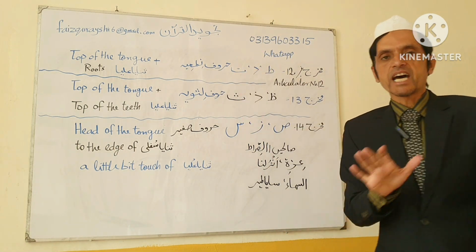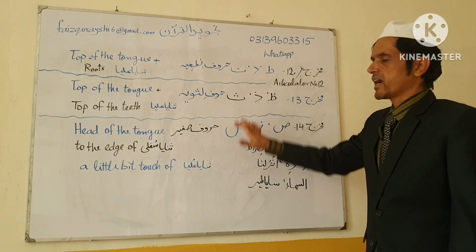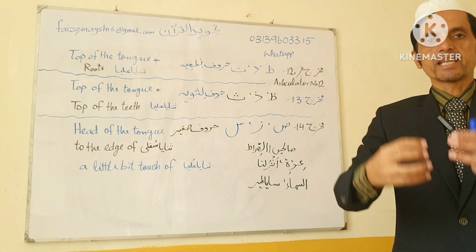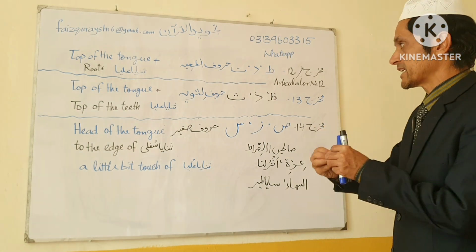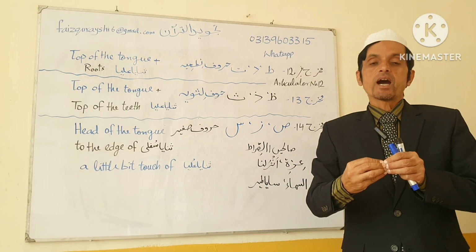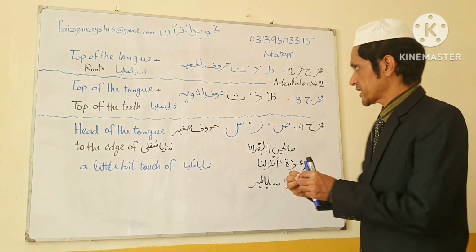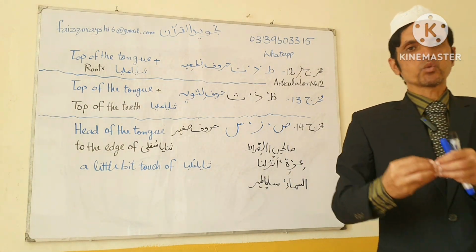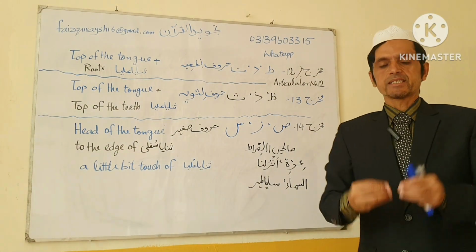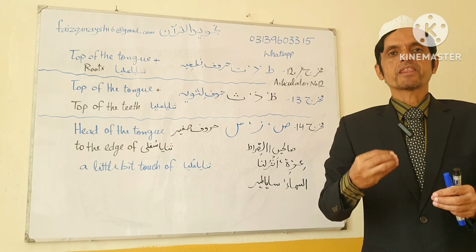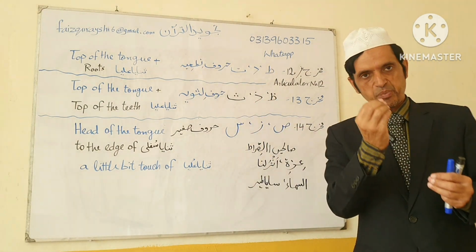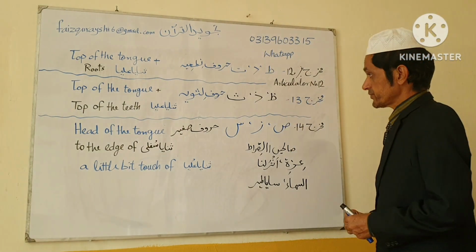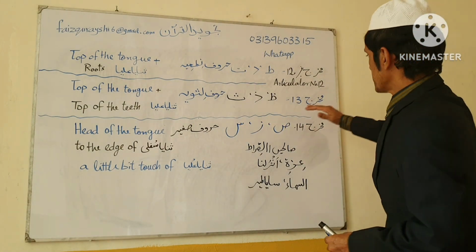This is ta, this is tha, and they are letters whose articulation point is extremely near to each other, so you can hardly differentiate between these two letters when you articulate them. For example, ta, tha, ta, tha, and this is a special Arabic letter. Okay, so this is makhraj number 13.